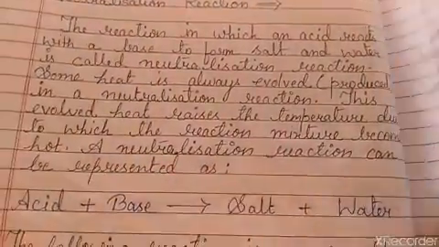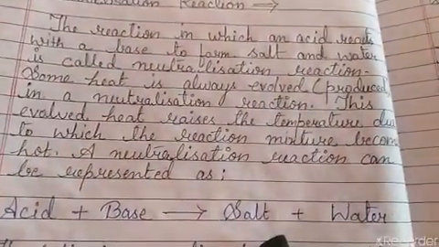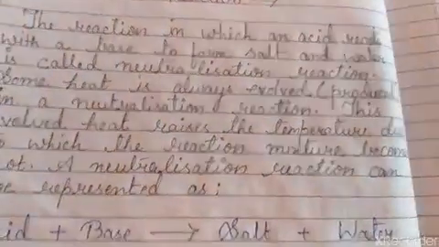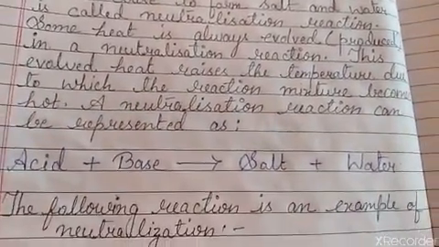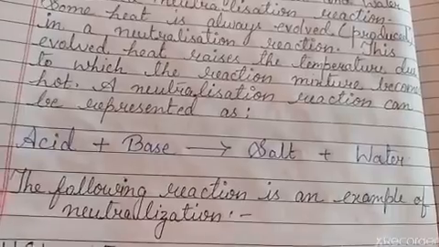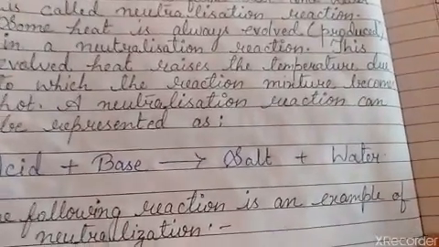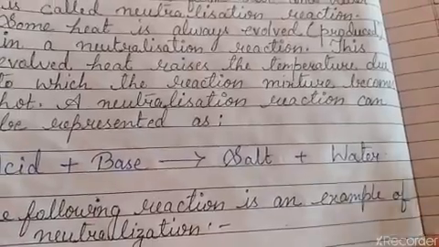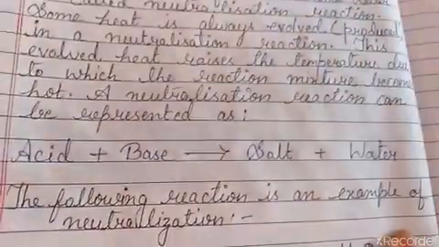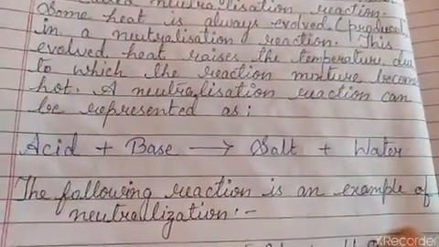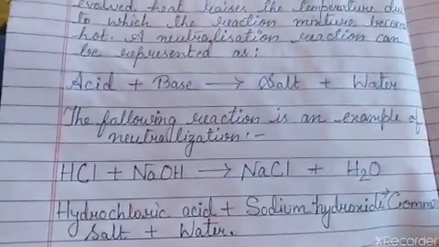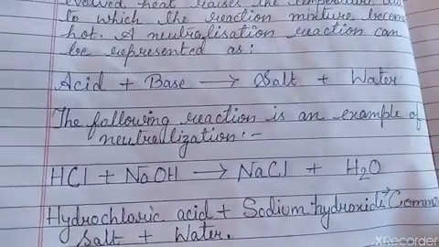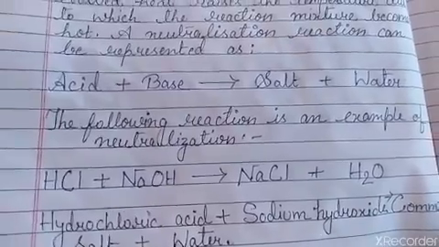A neutralization reaction can be represented like this. I have just explained acids and bases. When an acid and a base react together, the formation is salt and water. So when we react acid with base, we just get salt and water.